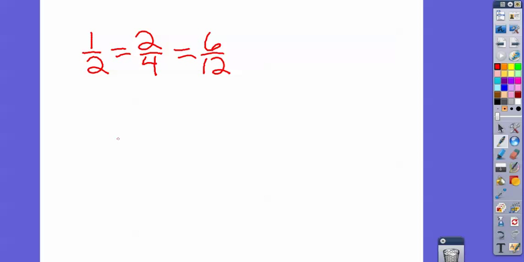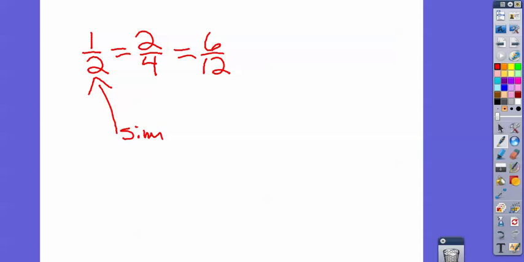So just a quick recap: equivalent fractions are any fractions that are equal. Simplest form is when it's as small as it can be, when there's no factor that goes into both the numerator and the denominator.